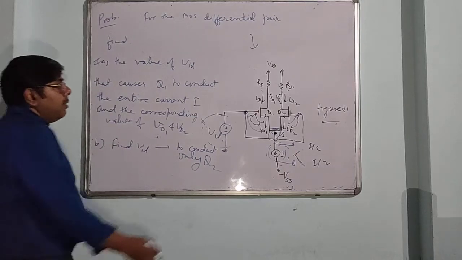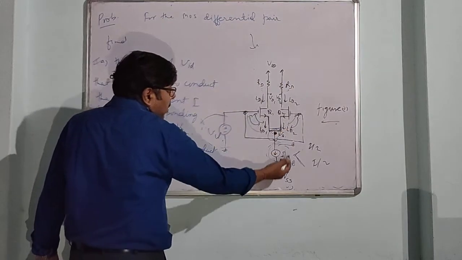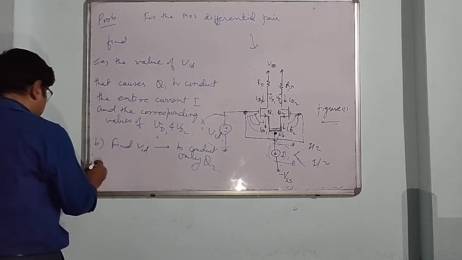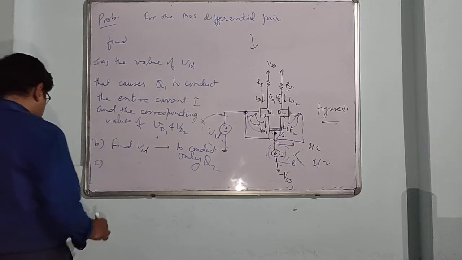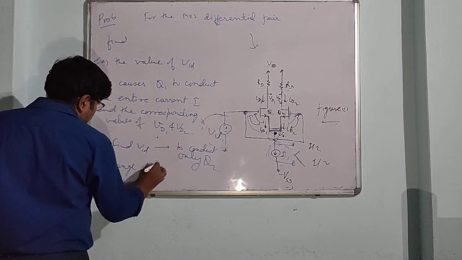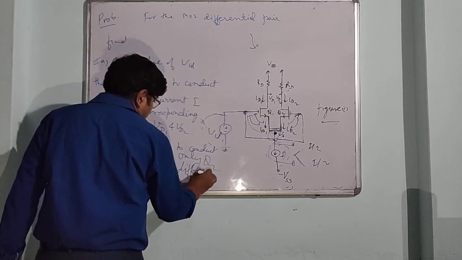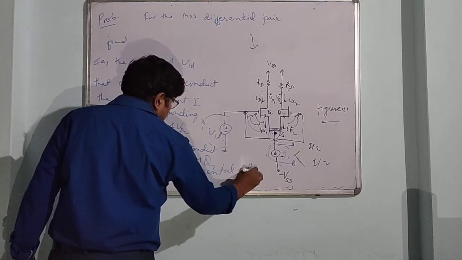Here the whole of the current flows through Q1 in the first part, and in the second part the whole current flows through Q2. In the last part, what is the range of the differential output voltage?